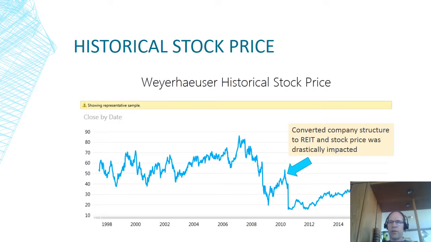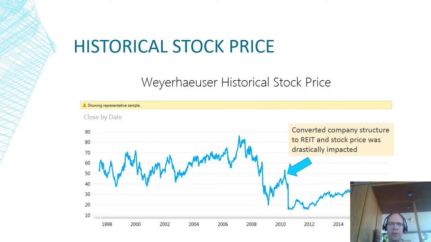But the starting point then was that historical stock price data. And when I pulled it in and started looking at it, I noticed a really drastic change in a very short period of time in 2010. As I investigated, I found that in 2010, Weyerhaeuser changed their company structure to what's called a REIT structure. And the net effect of that was that it drastically impacted the stock price.